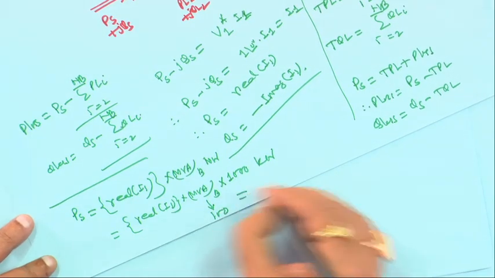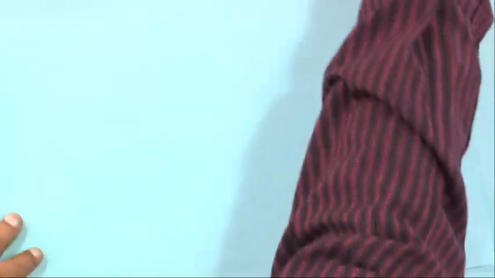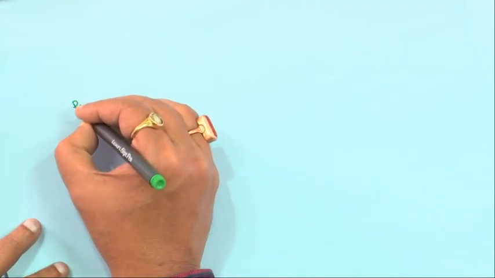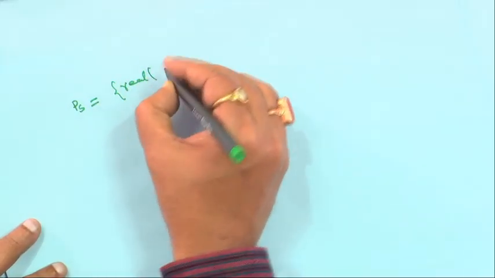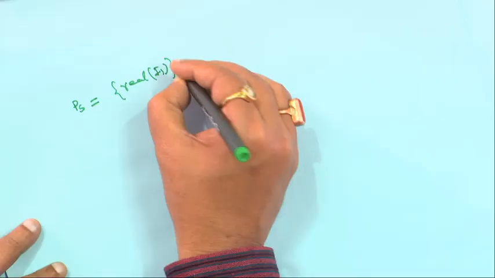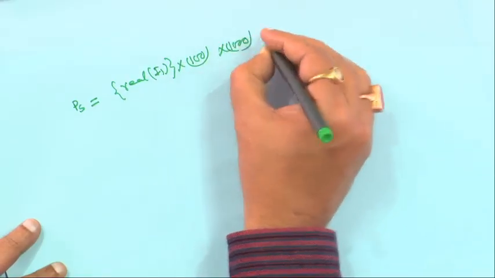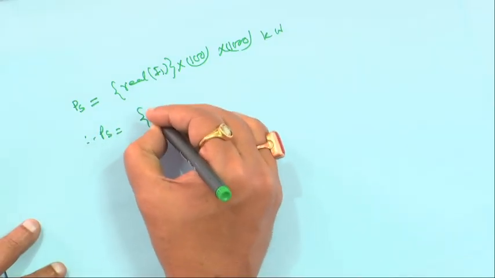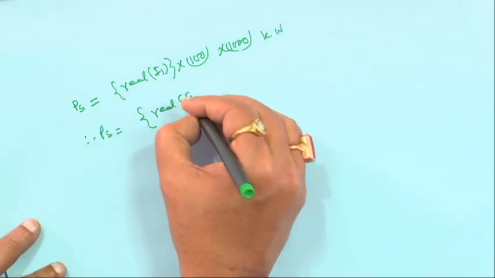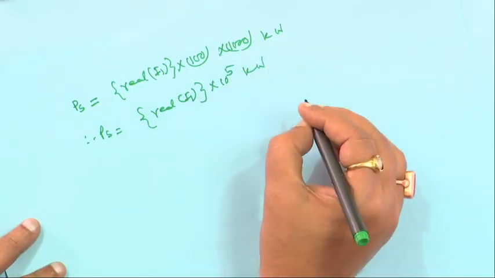That means this whole quantity PS is equal to real of I1 into 100 MVA base into 1000, this is kilowatt. That means PS is equal to real of I1 into 10 to the power 5 kilowatt.